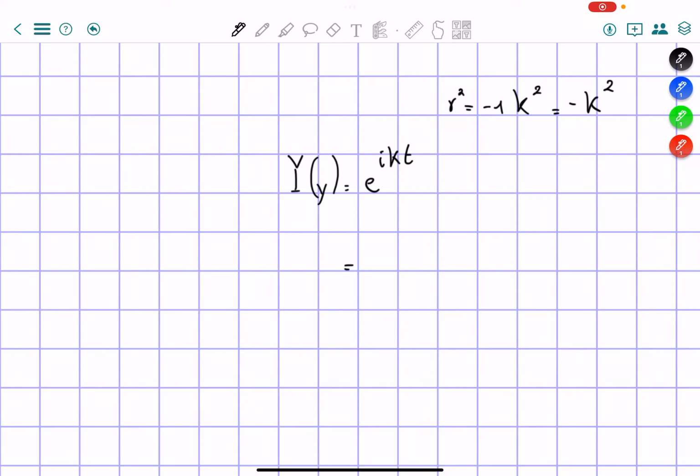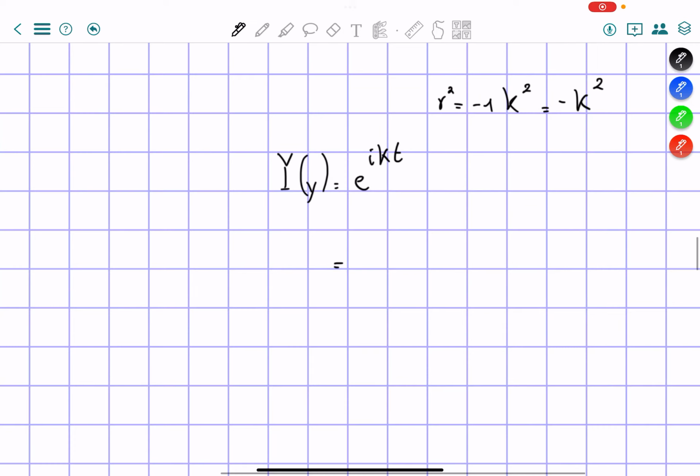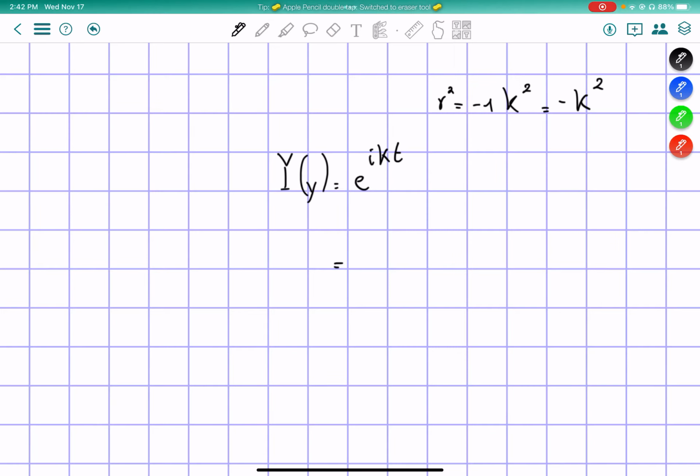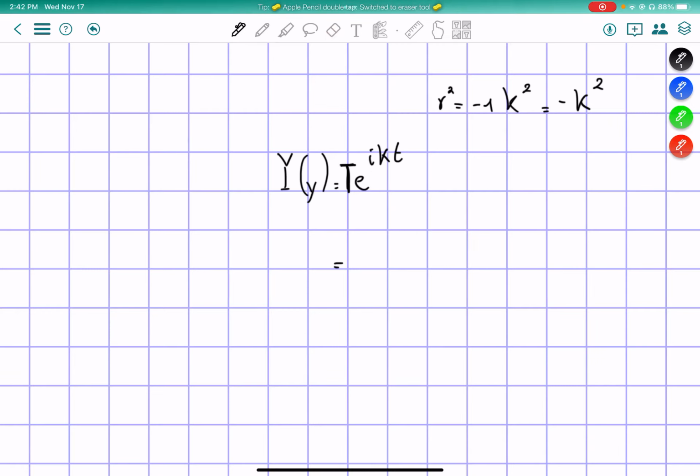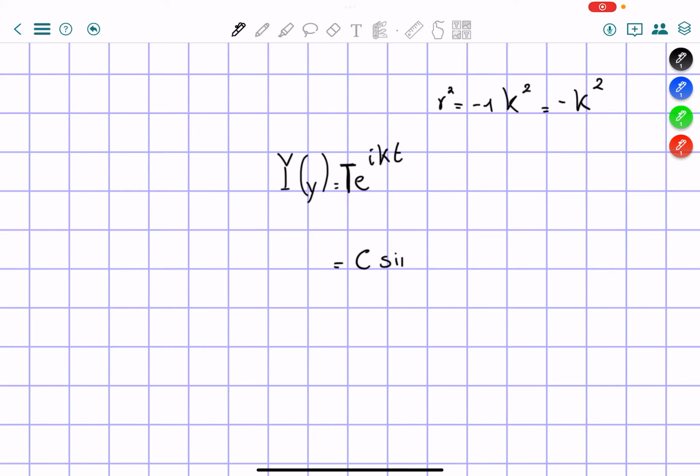So we're going to rewrite it as, actually here I would have to call it, let's call a capital constant C, because we won't use that anymore. And so we can rewrite this, because we have an imaginary number at the exponent, as c sine of ky.